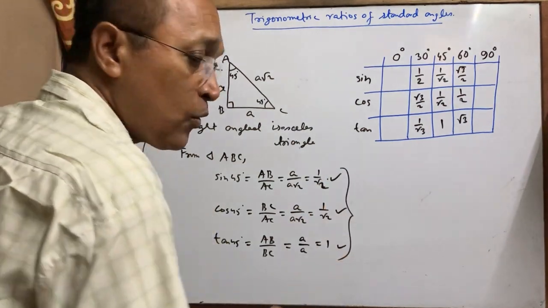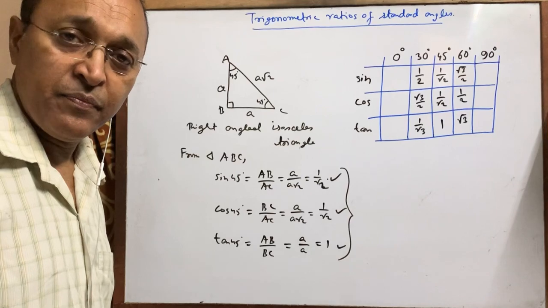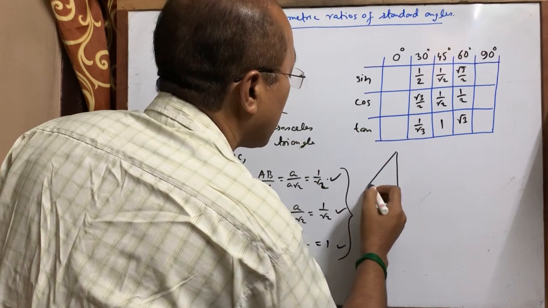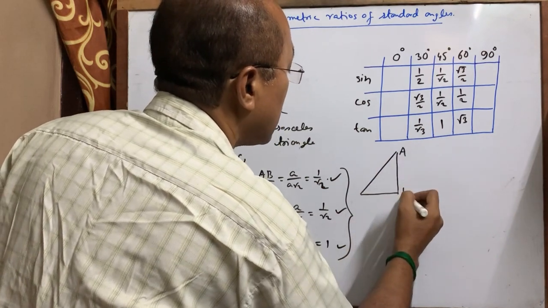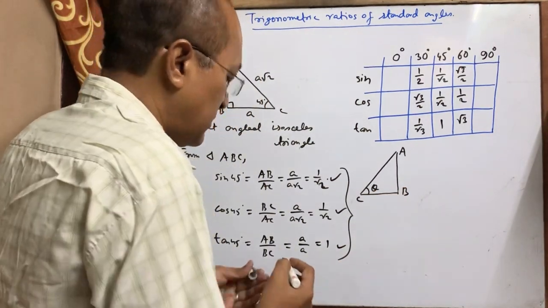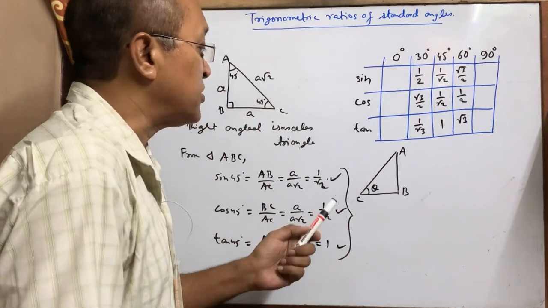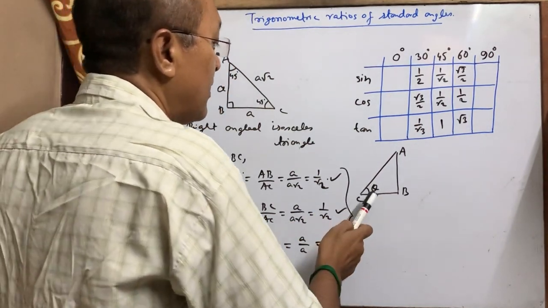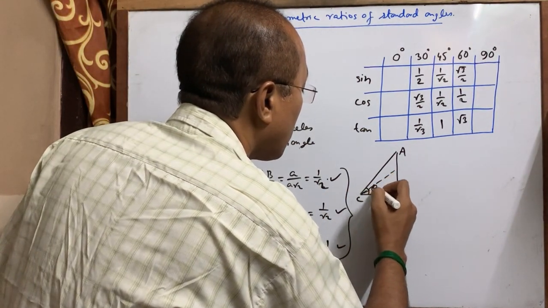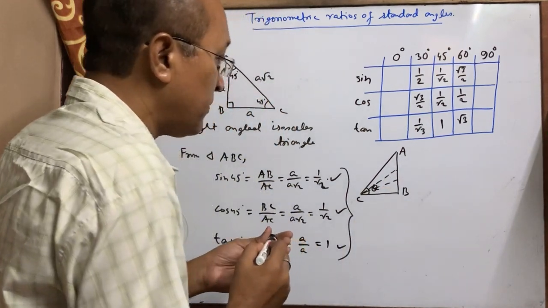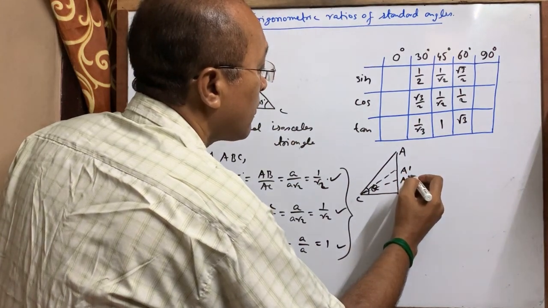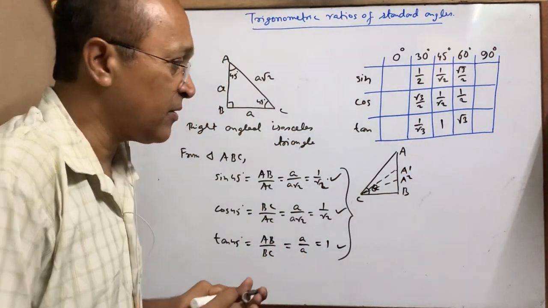Now how to find 0 degrees? Try to understand. Think about the diagram. So this one is a right angle triangle ABC. This one is theta. Just see the condition. When theta becomes less, it means A is coming close to B, isn't it?